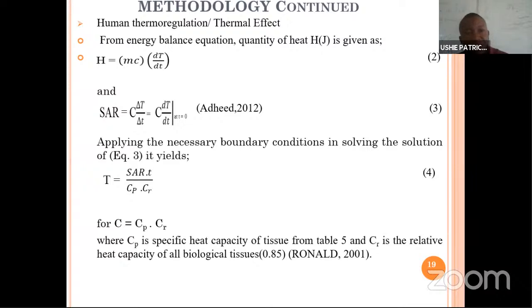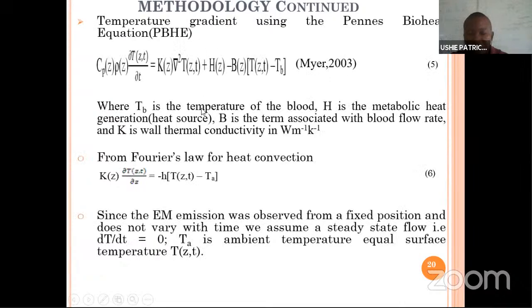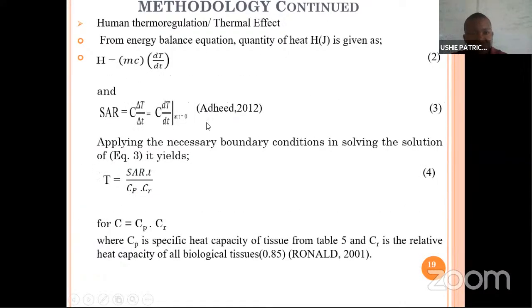So we look at those small details to see how the layers are affected differently. We started with the energy balance equation, which is related to the thermoregulatory system, in equation 3, sorry. Then if you evaluate it, applying the necessary boundary conditions to solve equation 3, you arrive at equation 4.